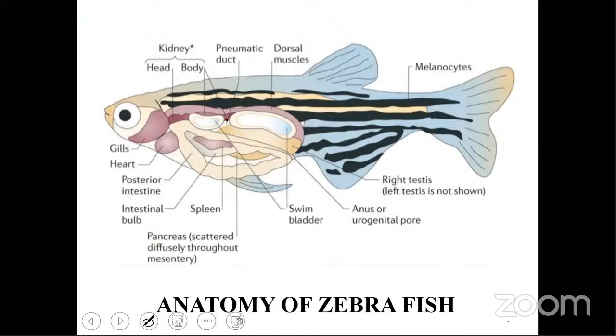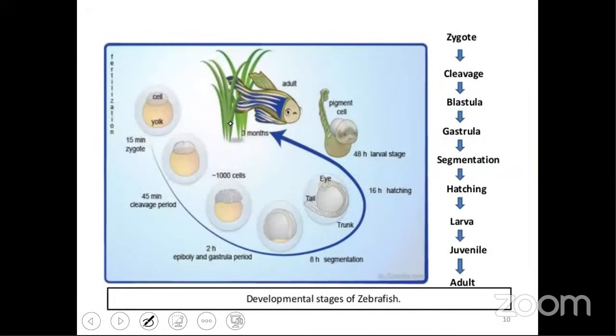And here you are seeing the anatomy of the species called zebrafish. Just for your information, this is regarding the development stages involved in zebrafish, starting from zygote and ending with adult. It takes nearly 3 months to become an adult. Within 15 minutes, it can form a zygote.